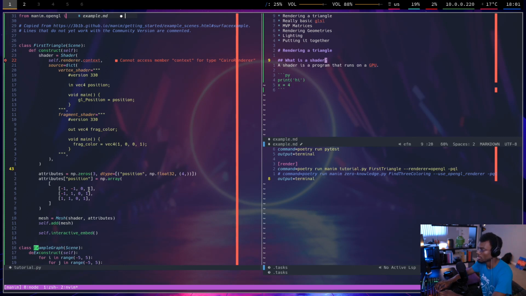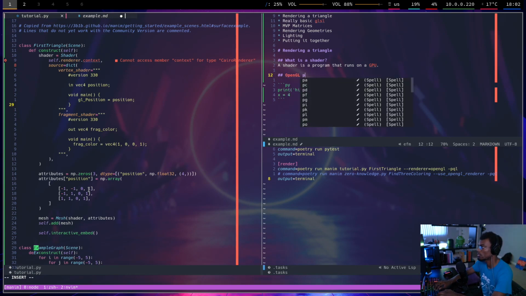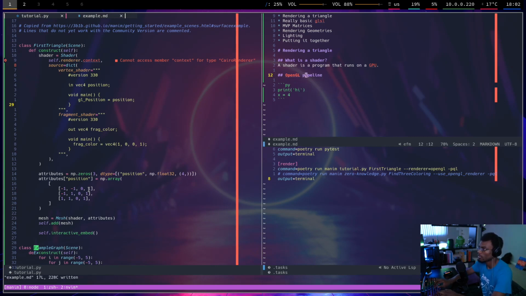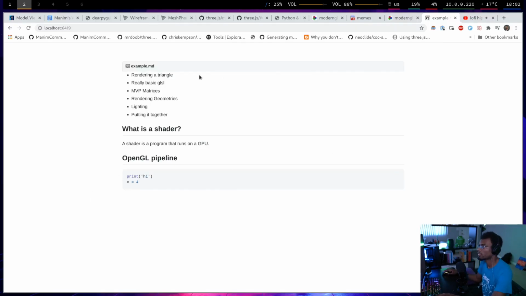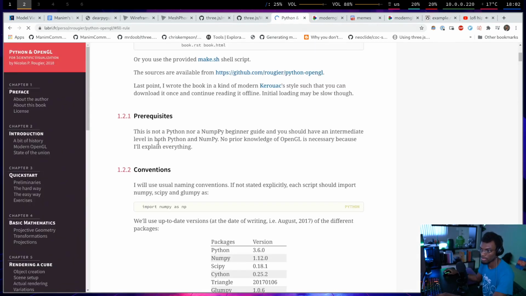Next position, next position. Eventually, I'm going to want to go through the pipeline, or like the OpenGL pipeline. Let me just copy this from another source so I get it right.